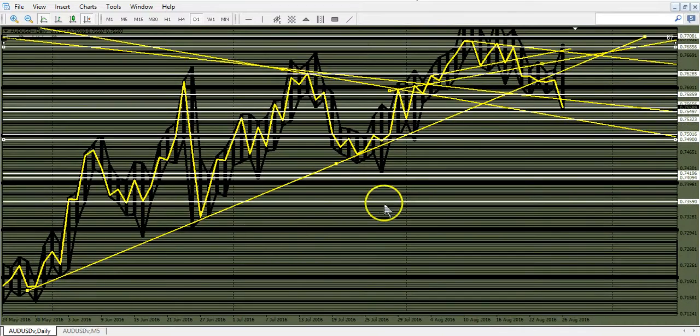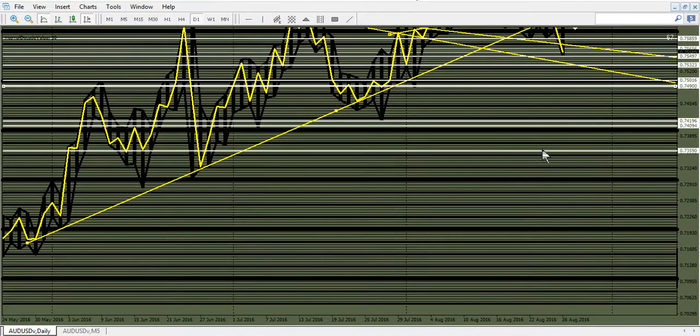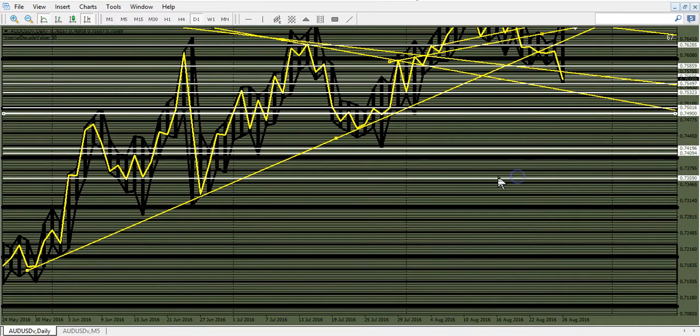Unless you're willing to wait. This took about a month to get back to this trend line for this entry. But this trend line got broken. The only last chance for the bulls is to take this launching point high here, draw a trend line out here.